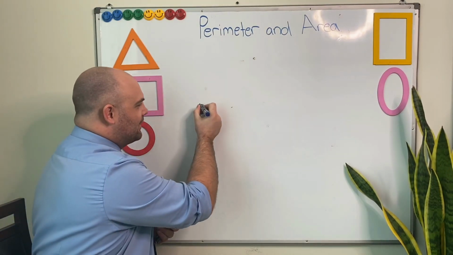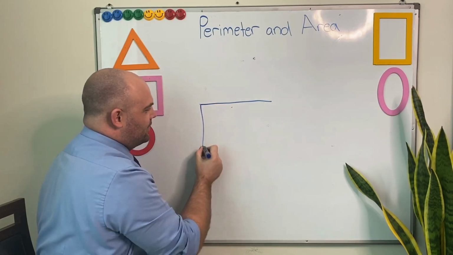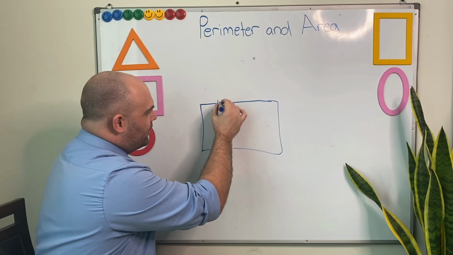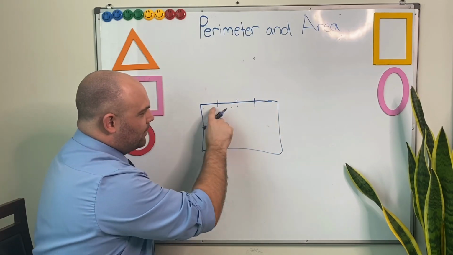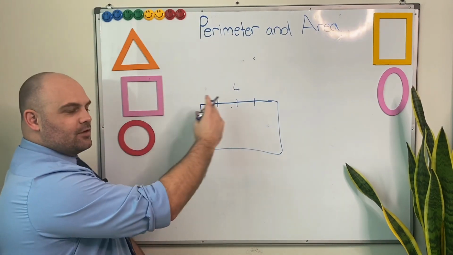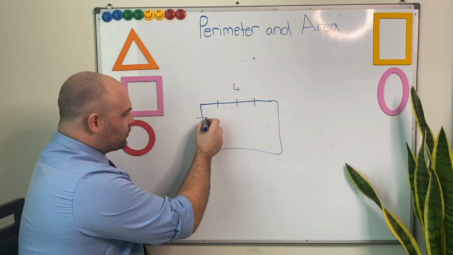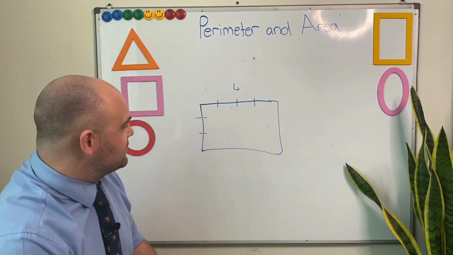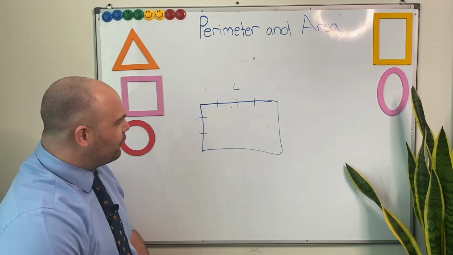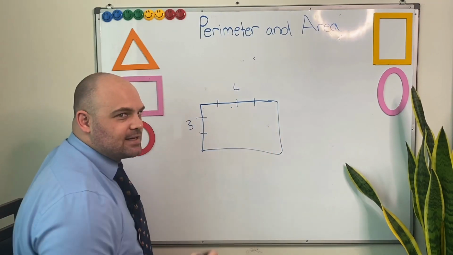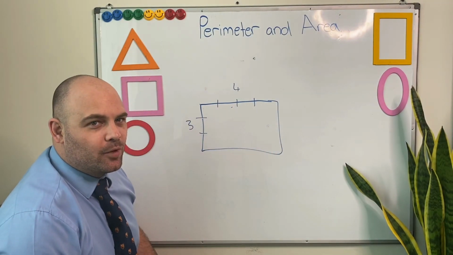If I looked at this rectangle here, and it was 1, 2, 3, 4 units long, and it was 1, 2, 3 units wide, how could I find what the total space in this area would be?